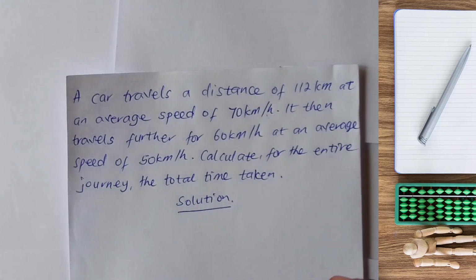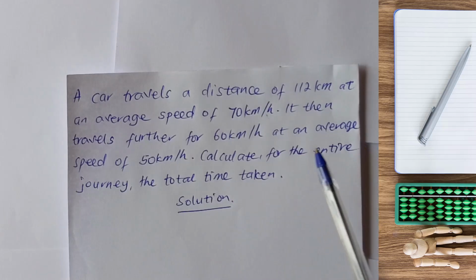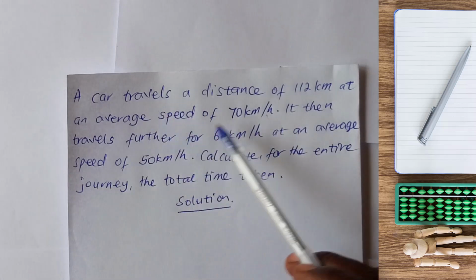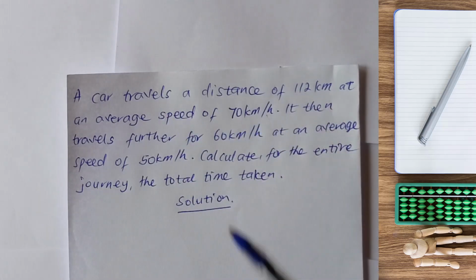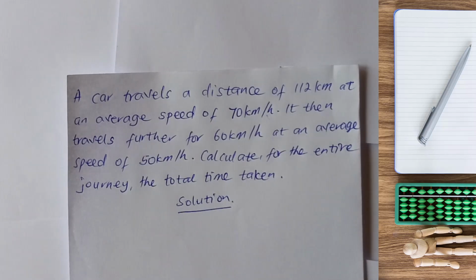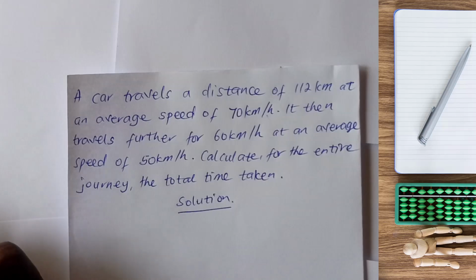We have our solution. This is a typical question under rate concerning average speed. There is a distance, there is a speed. When it comes to speed, there are three items involved: the speed itself, the distance involved, and then the time used to cover such a distance.